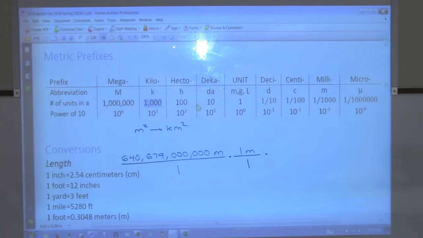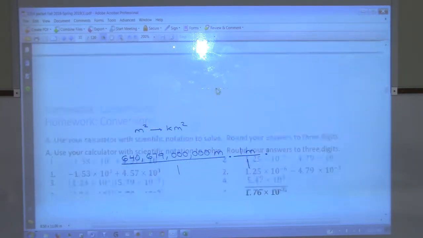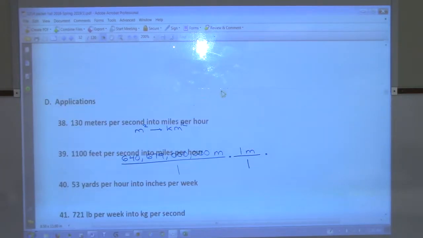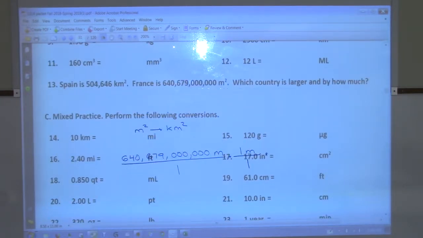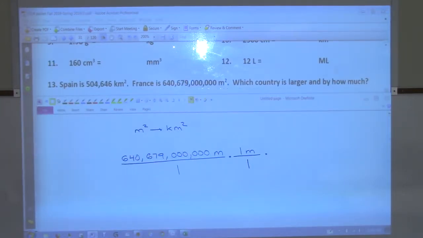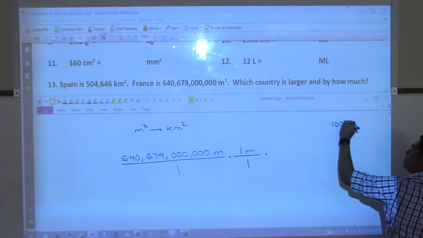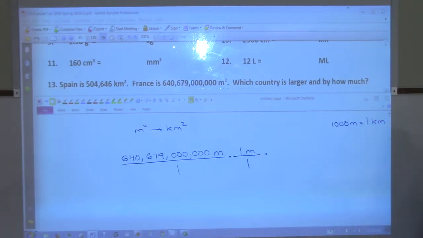Does that make sense? Okay, so let me go back to this. 1,000 meters in a kilometer. So I'm going to write that down here. There are 1,000 meters in 1 kilometer, right?